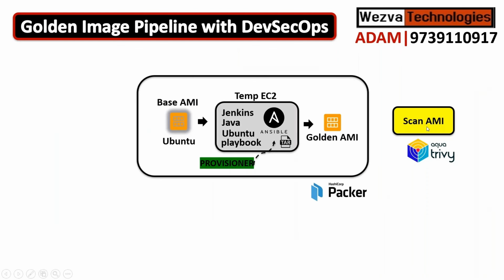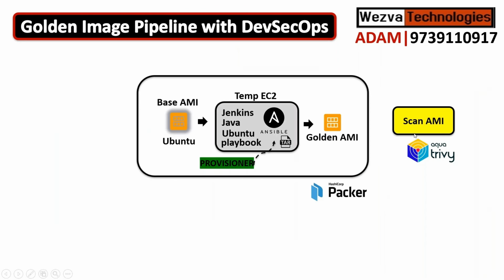And if there is a vulnerability, then go back to the same process and fix it. So Ansible is not just used to simply install whatever versions of Java or Jenkins, but using your Ansible, you can also keep applying the fixes for the vulnerabilities. Okay, I'm going to talk specifically about it a little later. For now, just understand you're not just blindly building, but after you build it, you also scan.